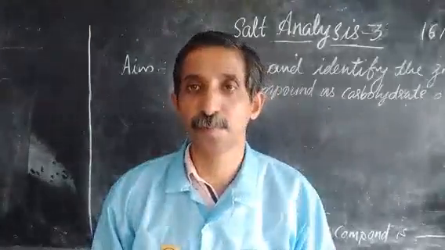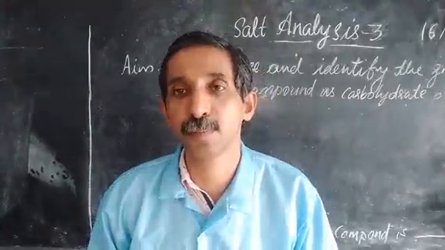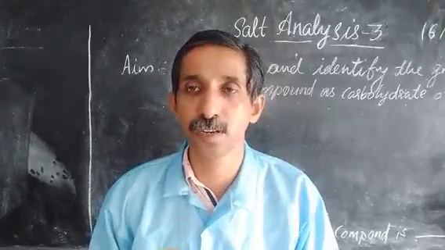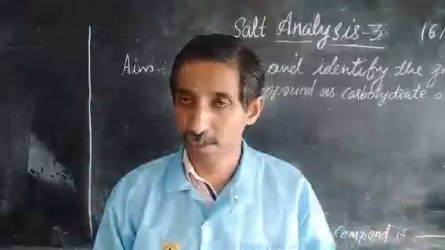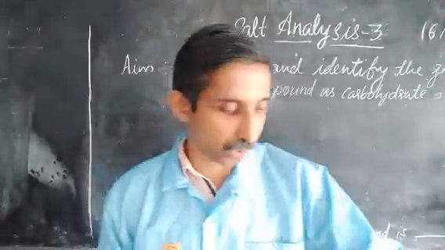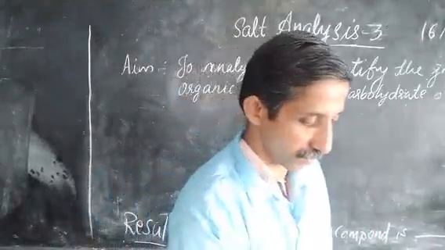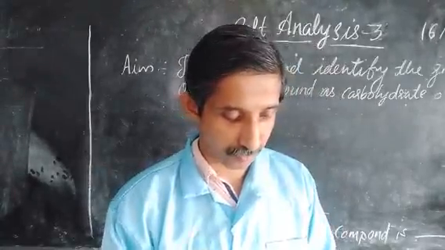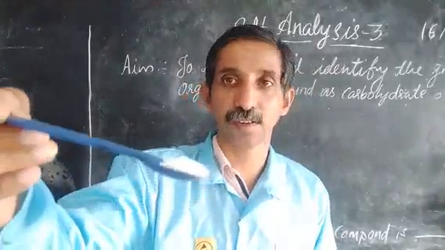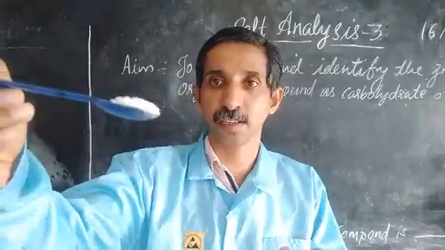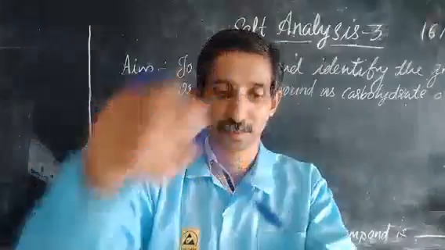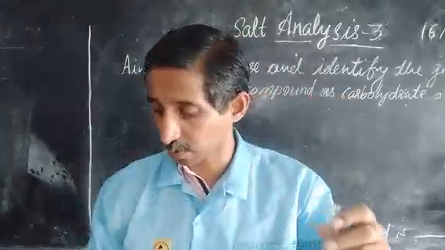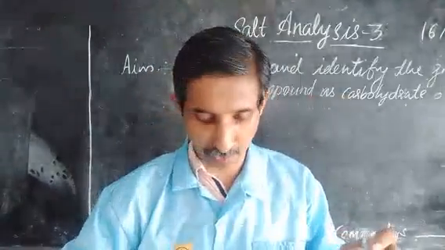Otherwise, you will be given the procedure, and you will just follow the procedure, and finally you will identify the organic compound. So here we have the organic compound. I'll show you. Here we have a powdery, solid organic compound, into which we are going to add concentrated sulfuric acid.